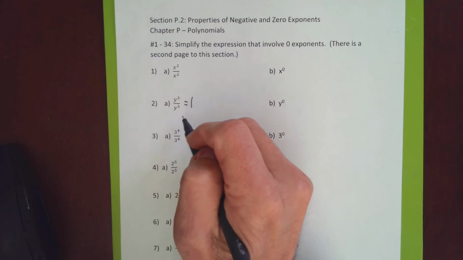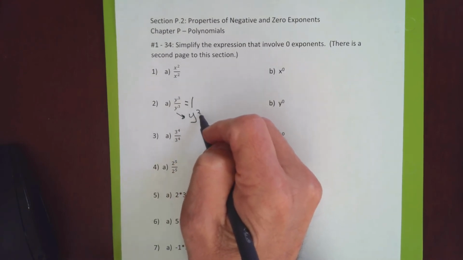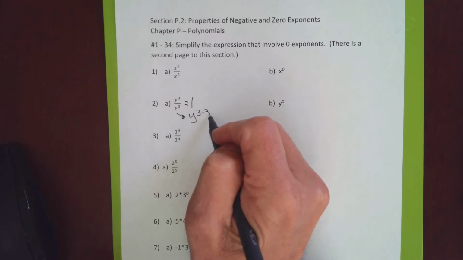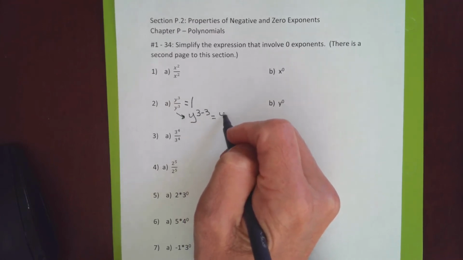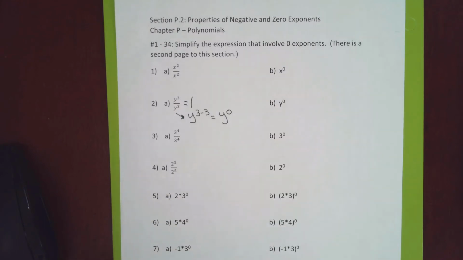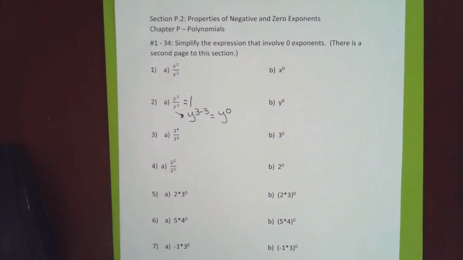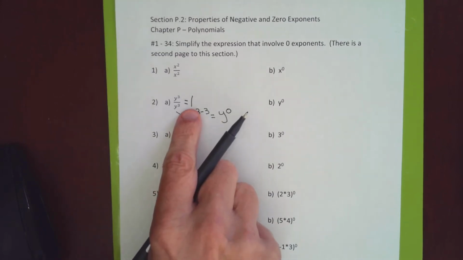I could have simplified this problem by subtracting the exponents, because I have the rule that if I'm dividing and the bases are the same, you can do that division by subtracting the exponents. Solving a problem using one method as opposed to another can make answers look different, but those answers have to equal each other. So the real answer to this is 1.